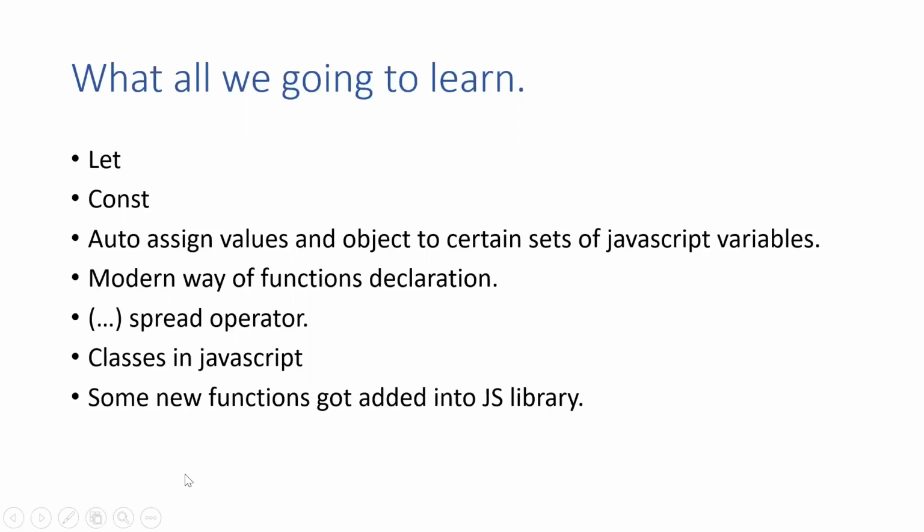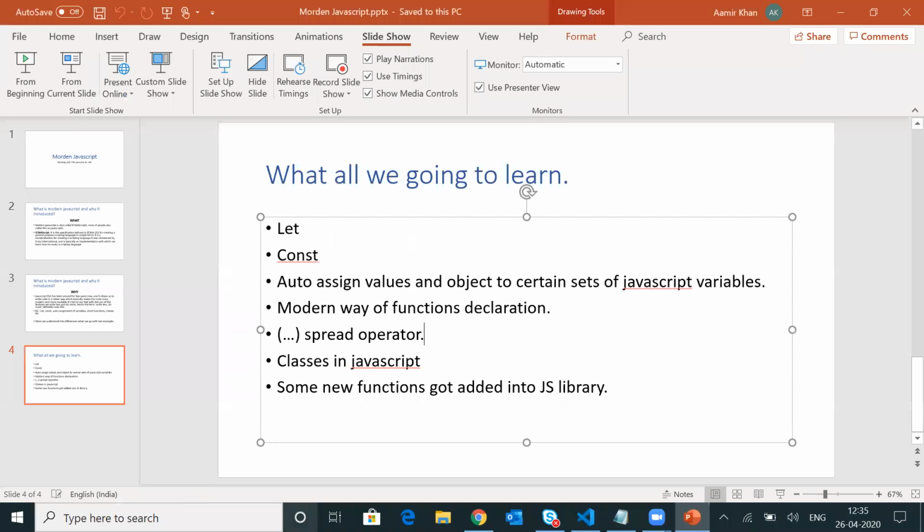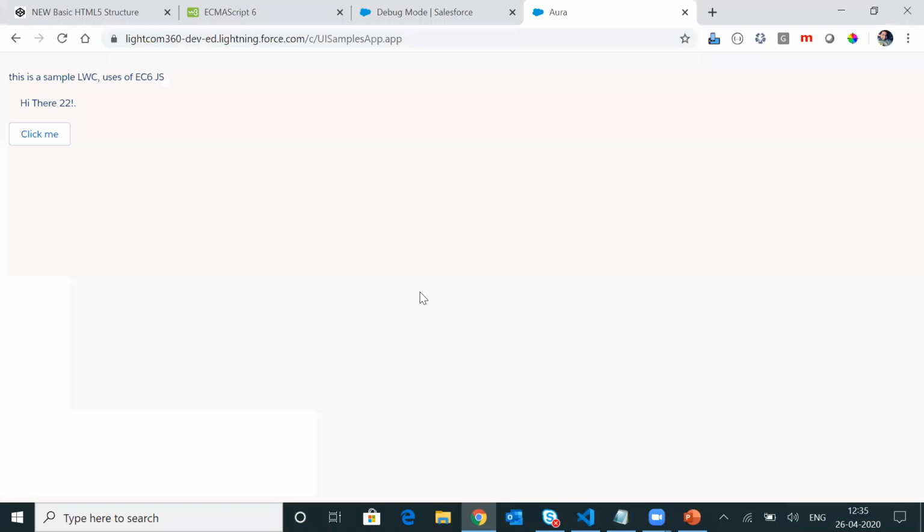Again, I will be taking the same example which I created in my earlier tutorials, and I will be using the same UI sample app to represent the uses of classes in Lightning Web Components.